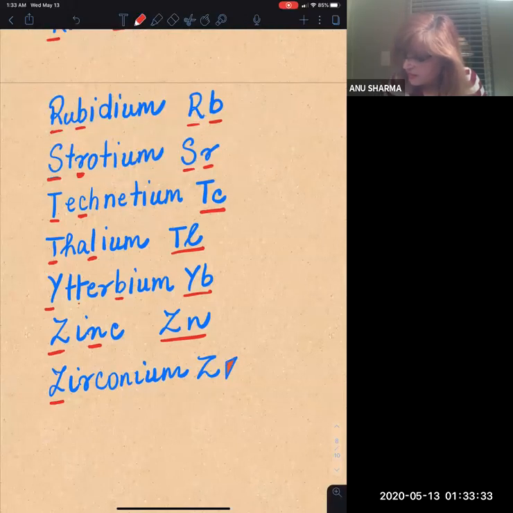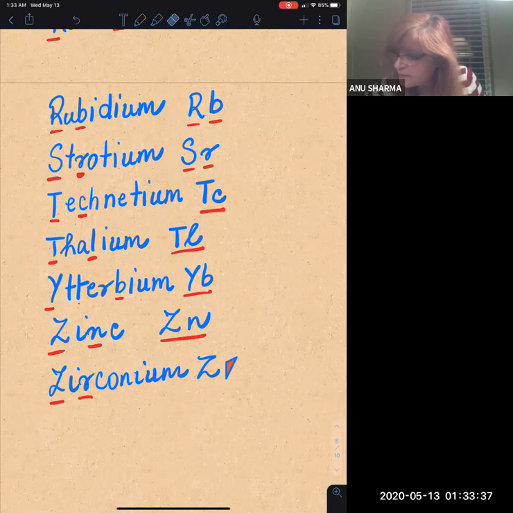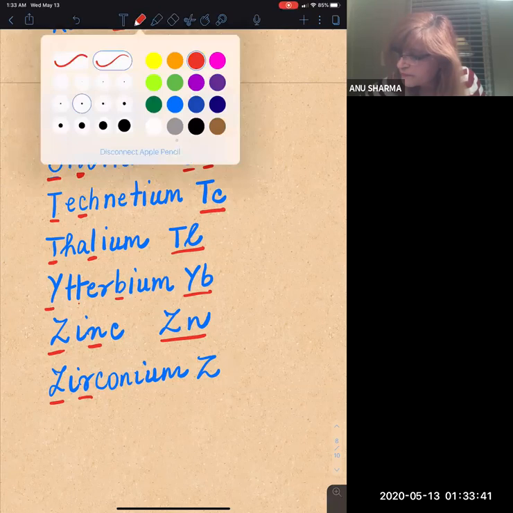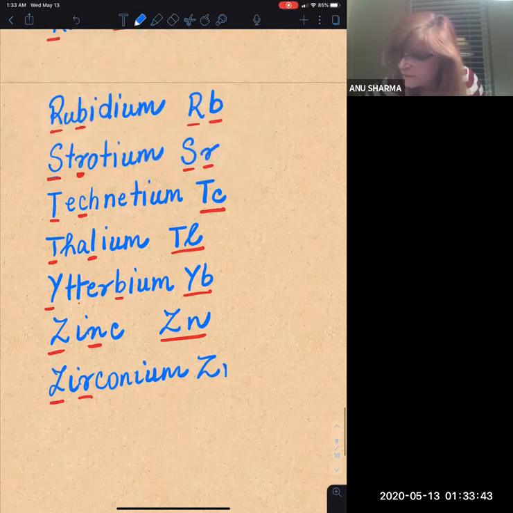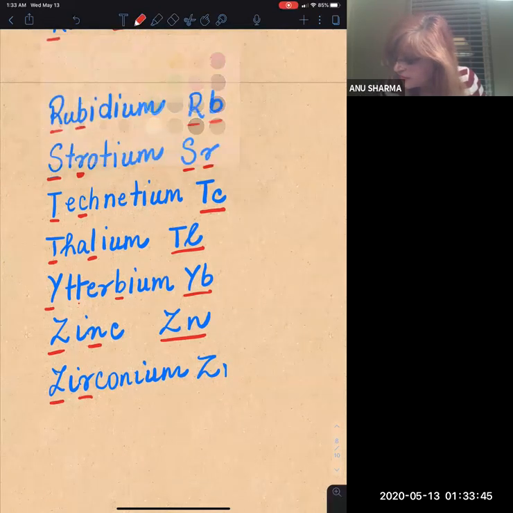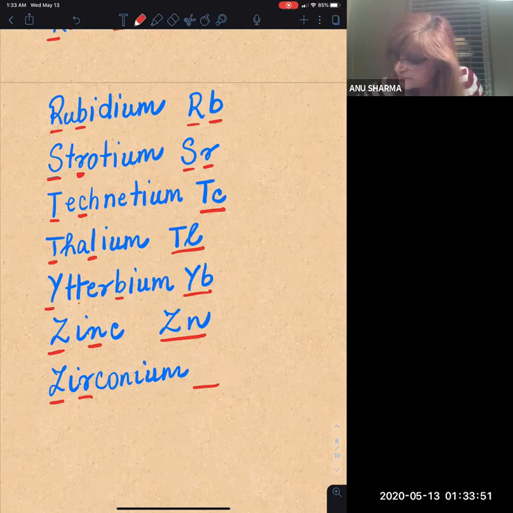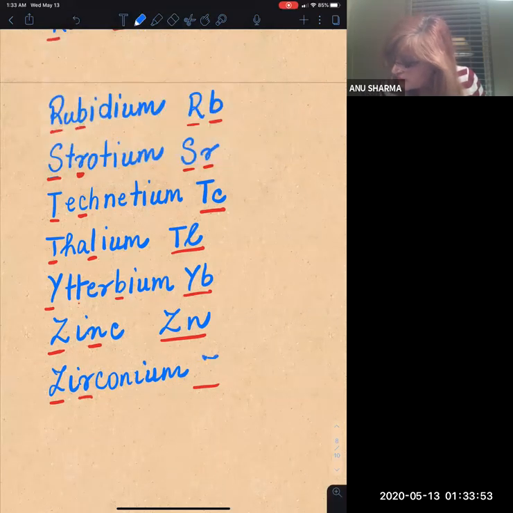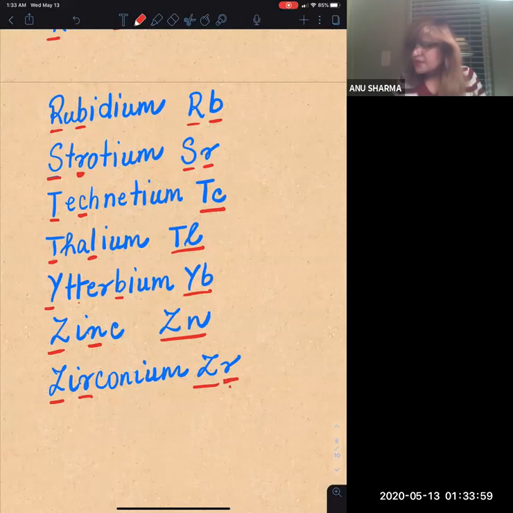Z and R. So here we have zirconium, okay, Zr.